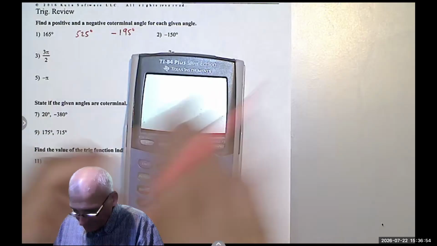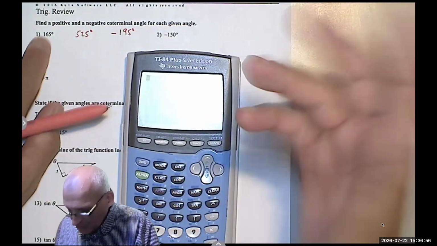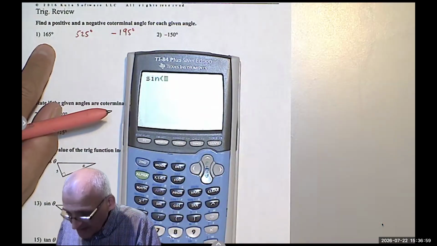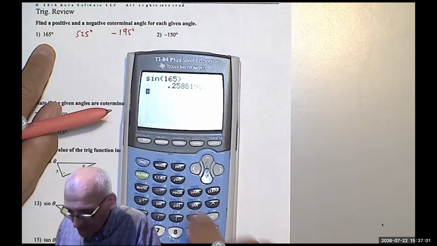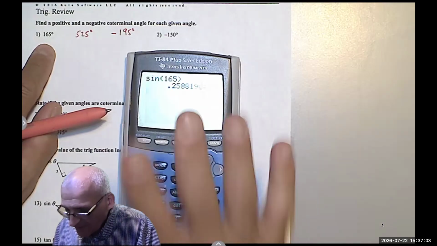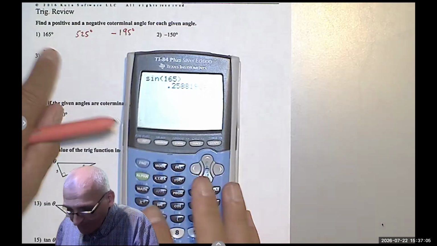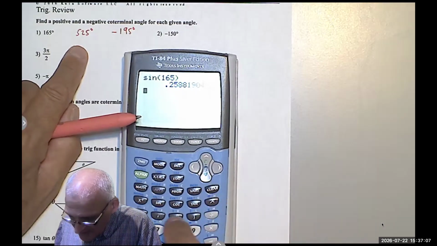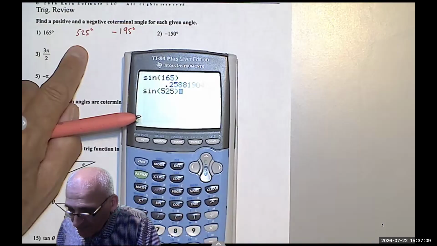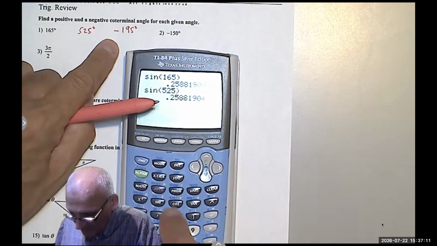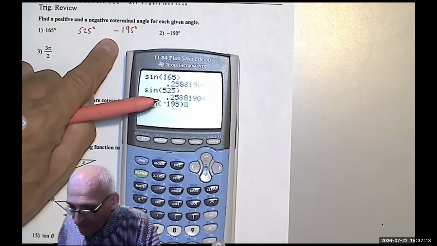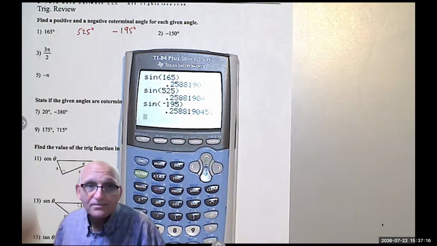Let's check. Let's pick sine or cosine, doesn't matter. So sine 165. Oh, I'm still using degrees. What about sine 525? Same value. So how about sine negative 195? Same value.